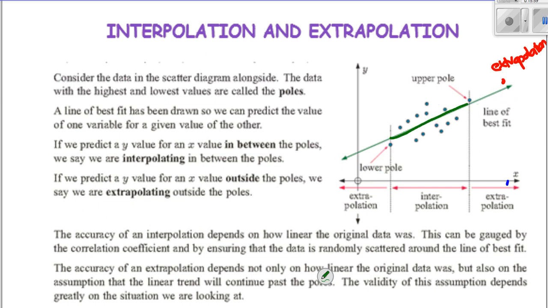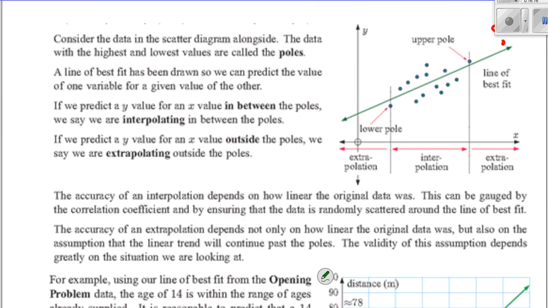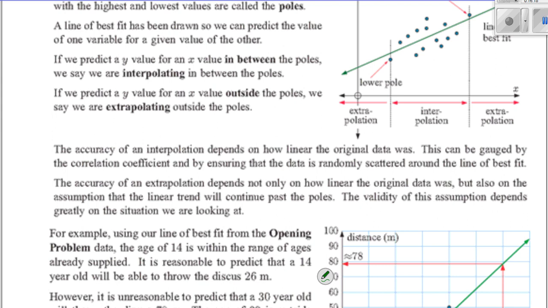For all we know outside, it might do that, or it might start to do this outside the range of data. That's why an extrapolation is considered unreliable, and an interpolation is considered much more reliable. Interpolation is when you're doing an estimate within the range of data that you've collected.